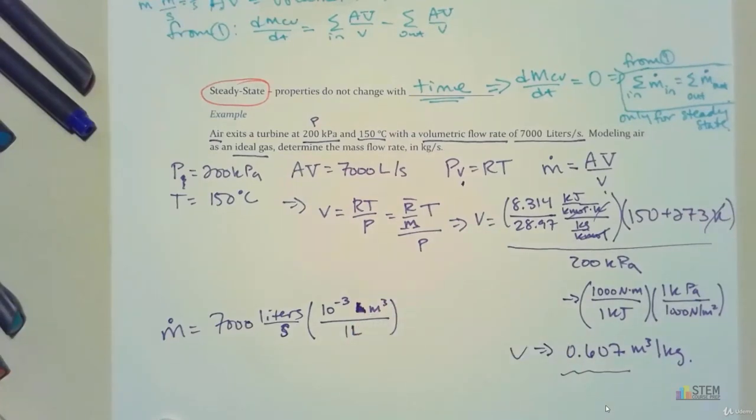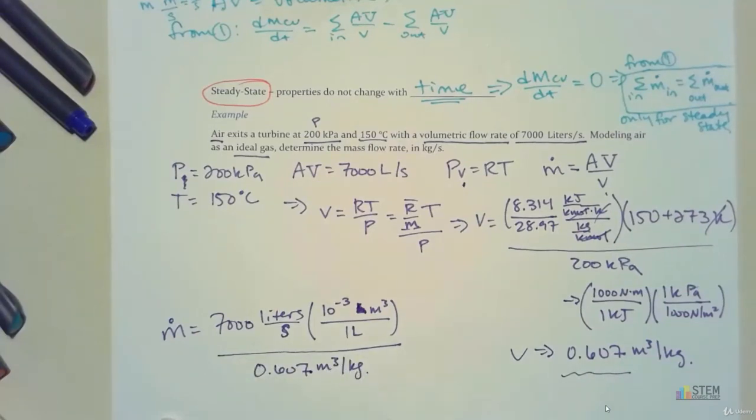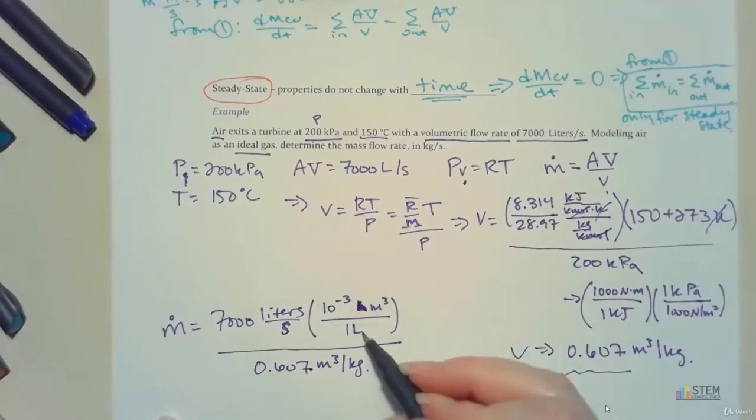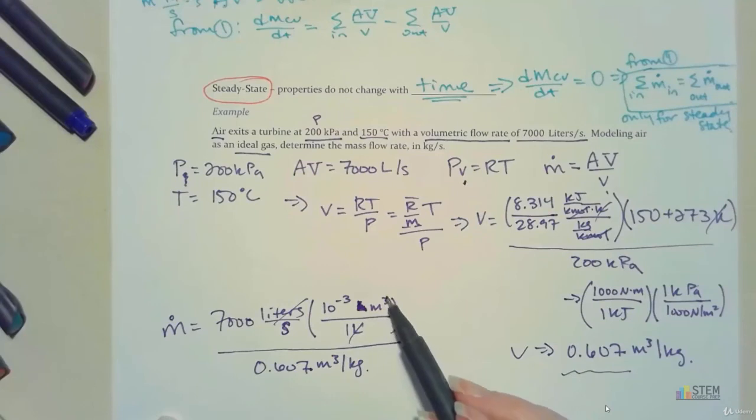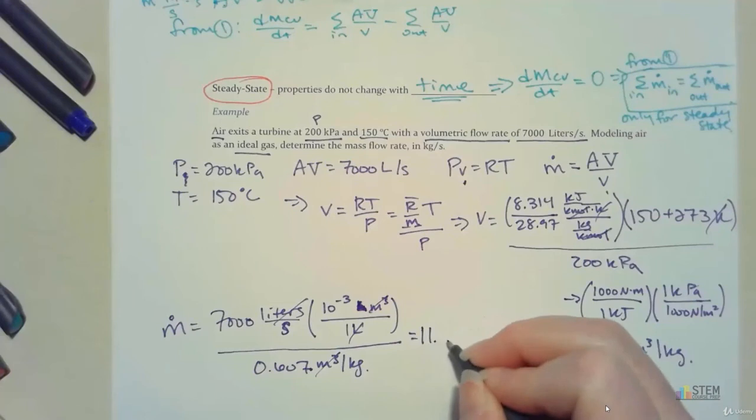That's the conversion we need, and then we're going to divide that by specific volume, so 0.607 cubic meters per kilogram. Notice the liters go away and the cubic meters go away. So now you're going to be left with units of kilograms per second, which is what we want for mass flow. So that is a good sign.